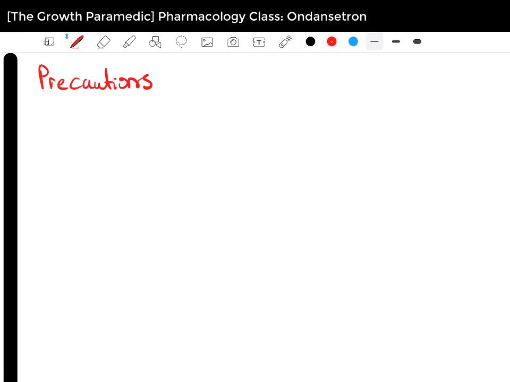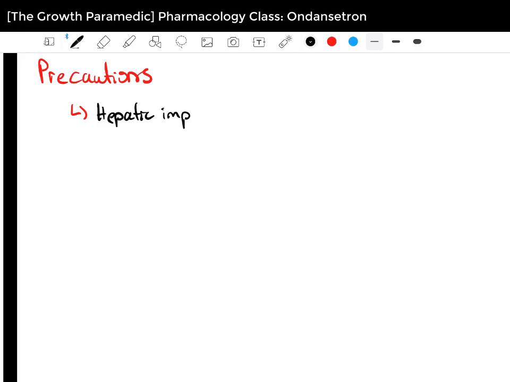The main ones I want you to be aware of is be mindful of patients with hepatic impairment. And the reason for this is because this condition reduces plasma clearance time.